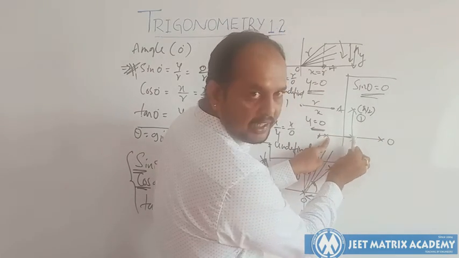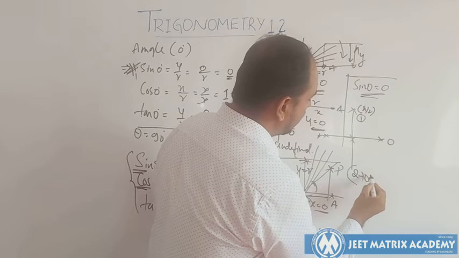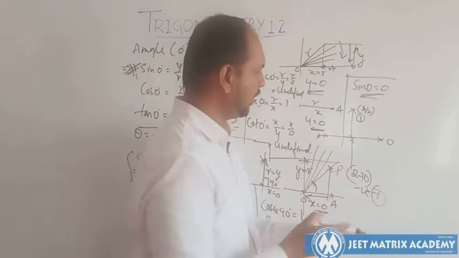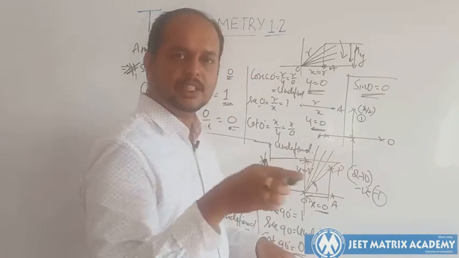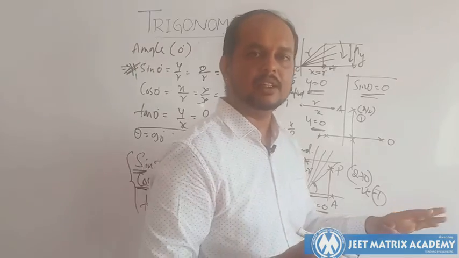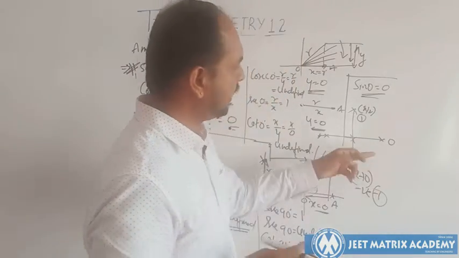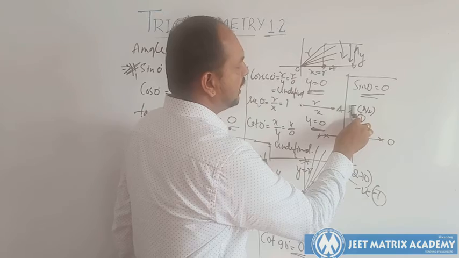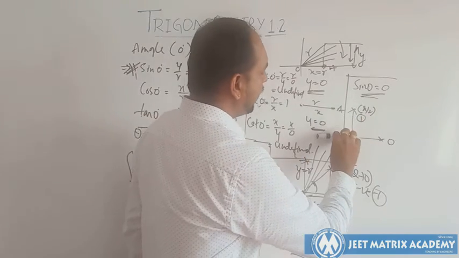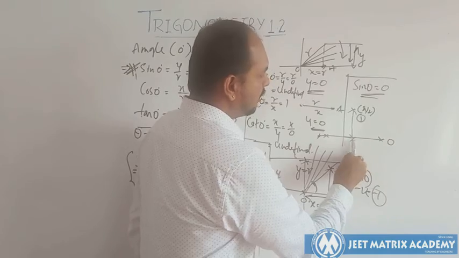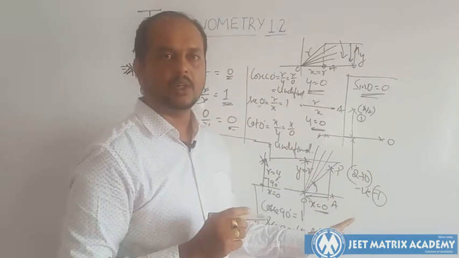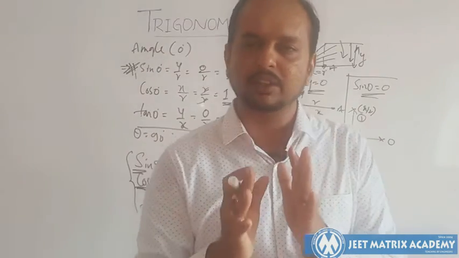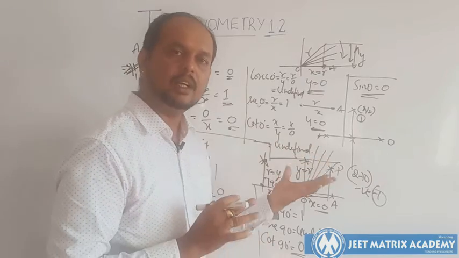Sin 270 will give negative 1. So this is what you are supposed to remember. Again at 2 pi sin becomes 0. In the case of cos, 0 gives 1, then 90 gives 0, then it will be minus 1 at 180, and 270 becomes 0 again. And tan you can easily make from the sin by cos values. So this is one way you can remember in a very simple manner.